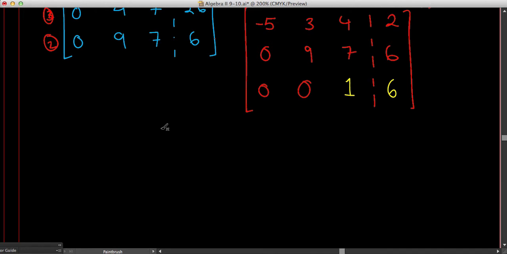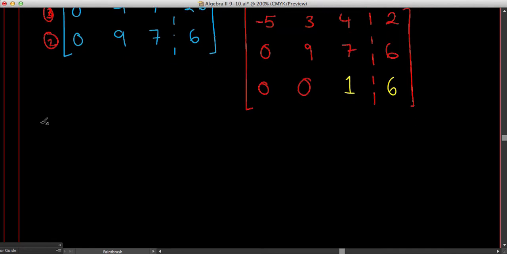So if we use that to our advantage, we can then multiply this third row by a value that can eliminate numbers in the third column from the first two rows. So from the second row, we can actually eliminate that 7 by subtracting 7 times row 3 from row 2. So we'll make that our 8th step here.